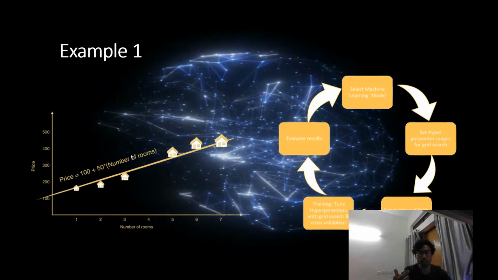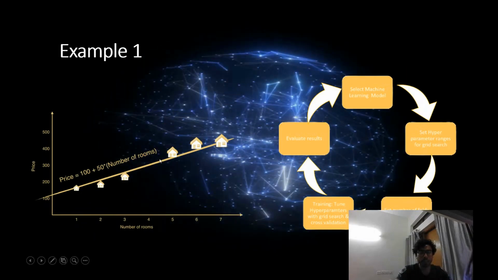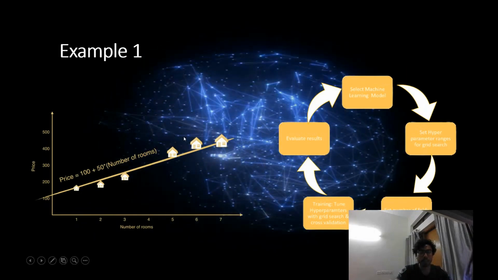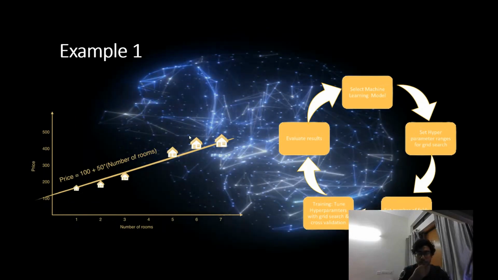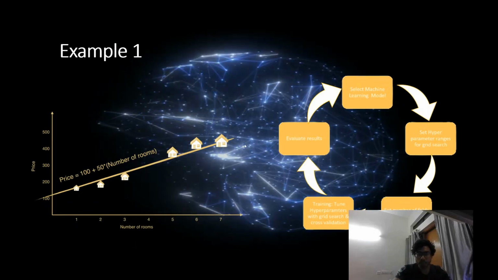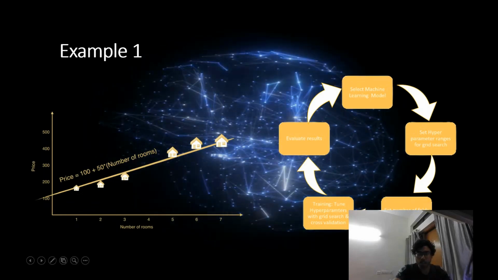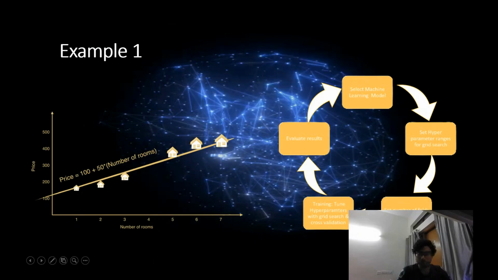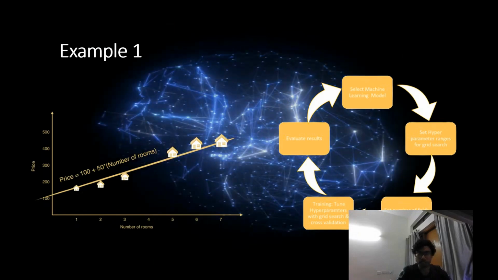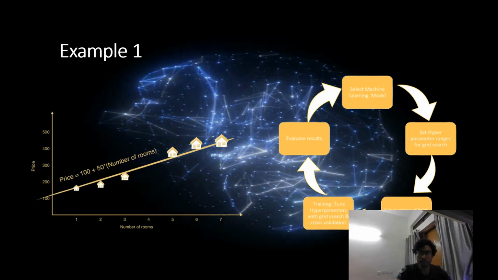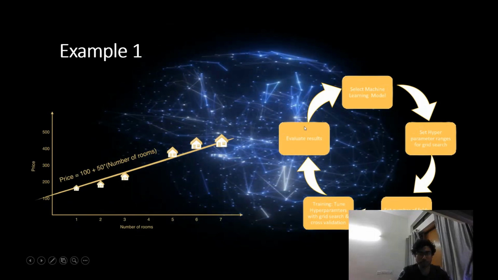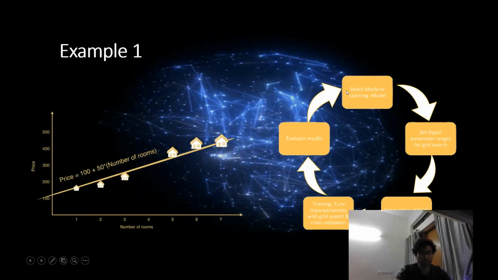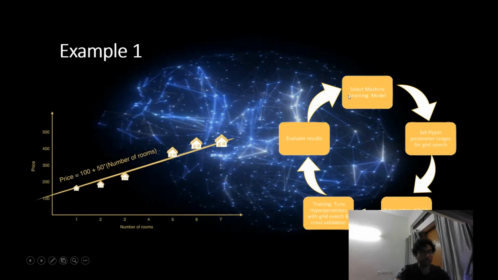What if I consider another parameter, let's say the number of rooms squared? What will happen then? And then you do cross validation. I think the professor has covered cross validation, and then you tune the hyperparameters and finally evaluate your results.